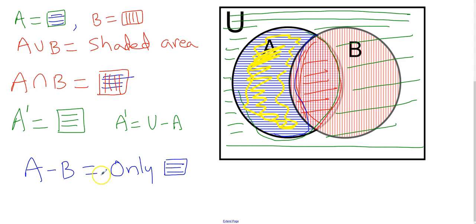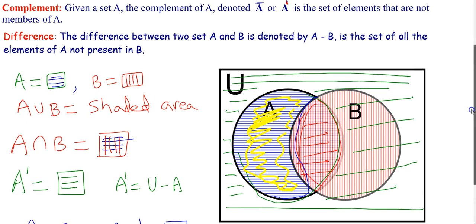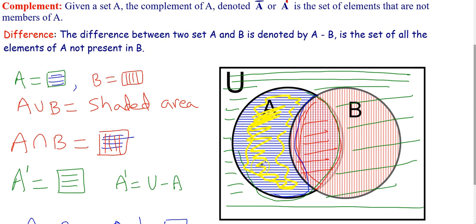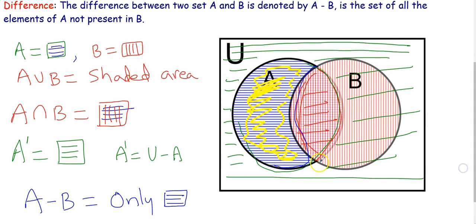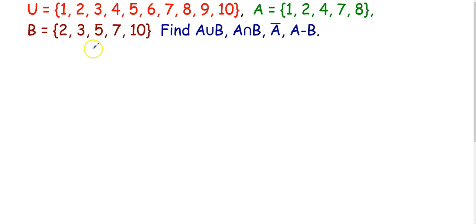In the next slide, we are going to look at examples with numbers that will make this understanding much clearer: what is A union B, A intersection B, A complement, and then A minus B, etc. Now, the given universal set is 1, 2, 3 all the way up to 10.